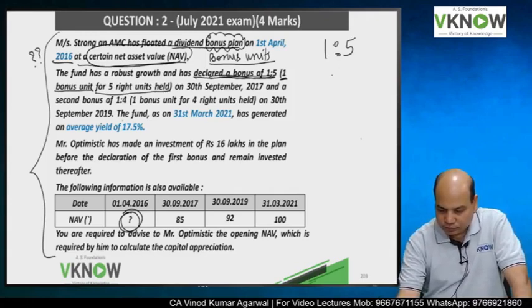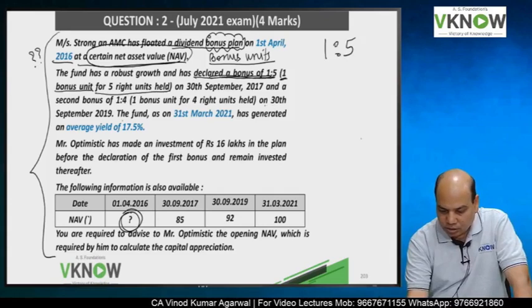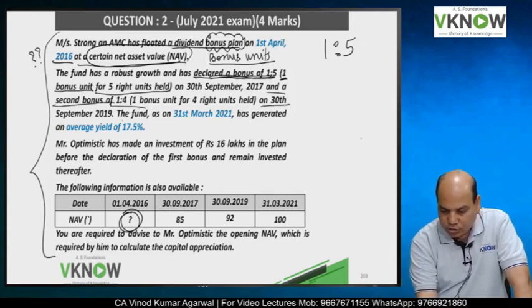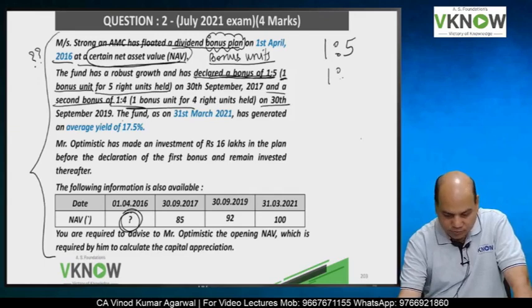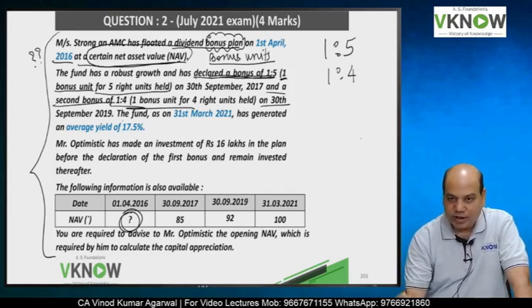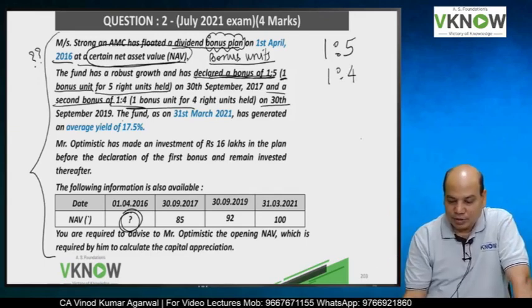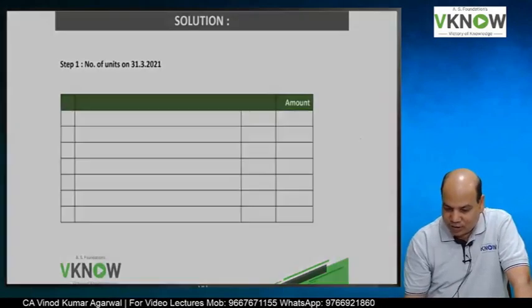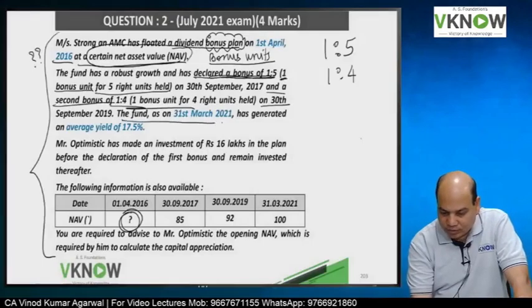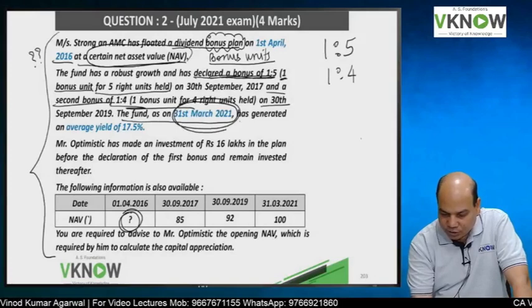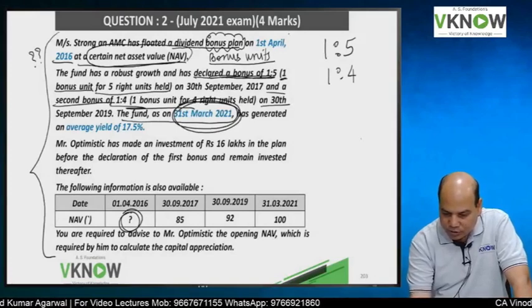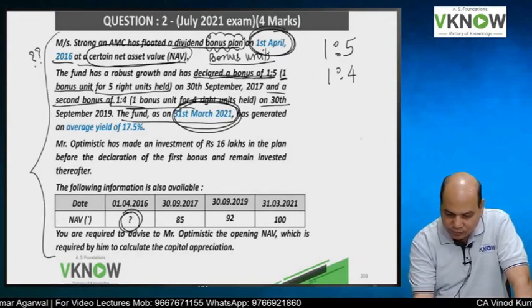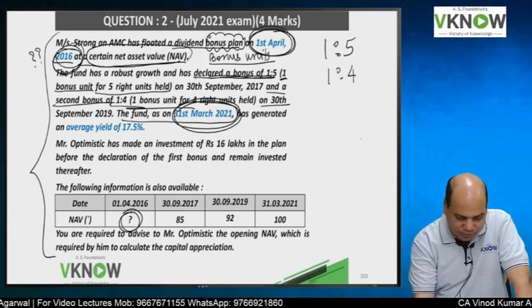1:5, and a second bonus of 1:4, one more bonus. Bonus is raining. On 30th September 2019, the fund has generated, on 31st March 2021. When was the issue made? 1st April 2016.